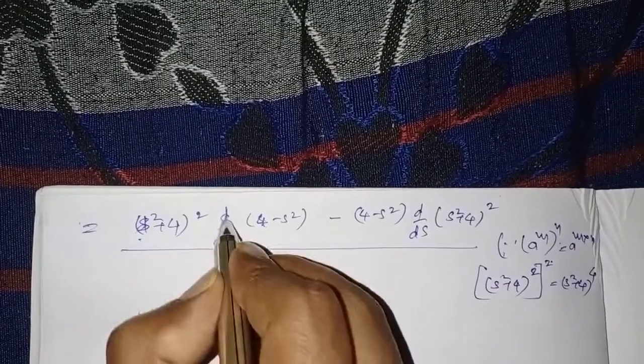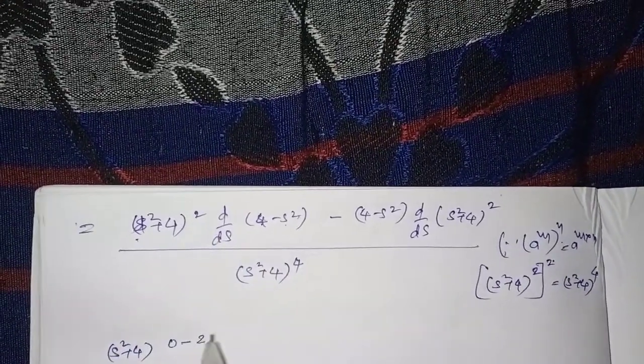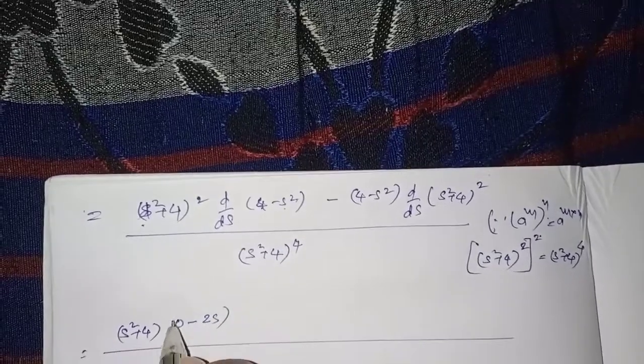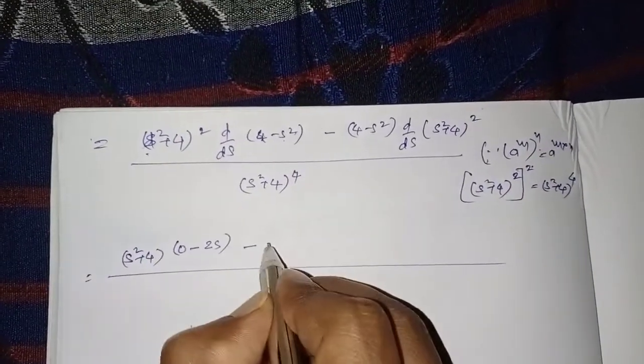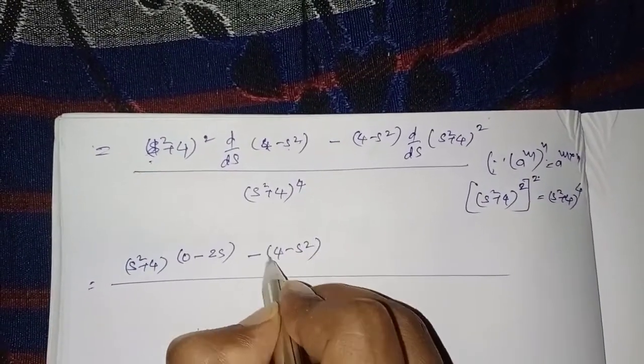Which is equal to (s square plus 4) into d by ds of the constant 4, which is 0, minus d by ds of s square, which is 2s, minus (4 minus s square).